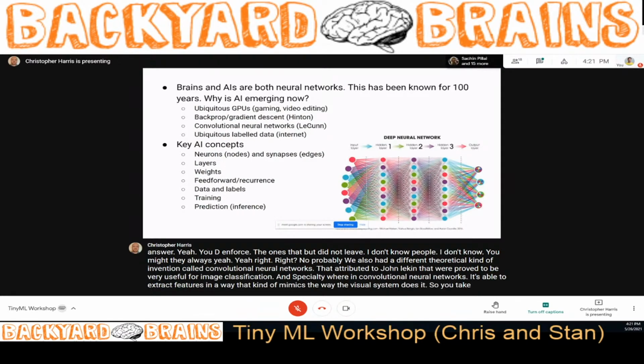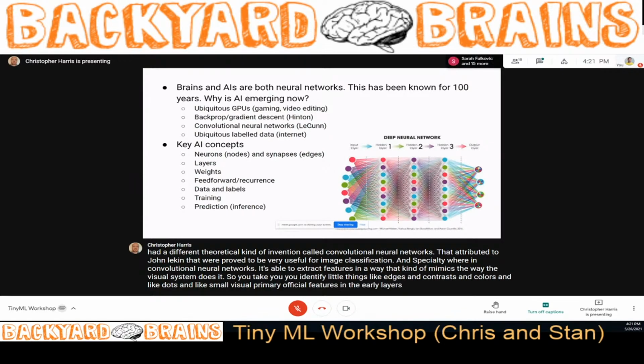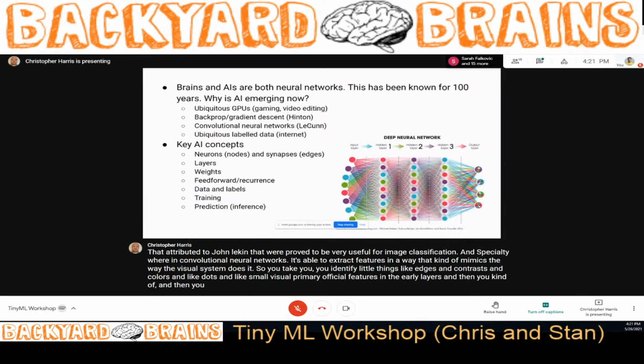So you identify little things like edges and contrasts and colors and dots, small primary visual features in the early layers, and then you build up objects from those features later in the network. So that was a big change.